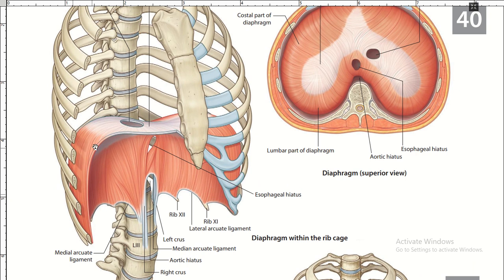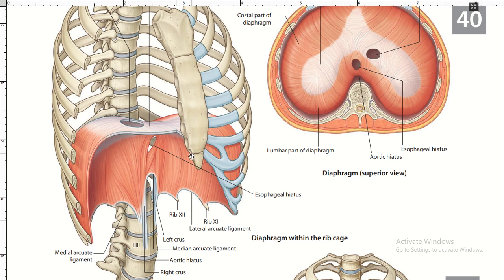So what is the origin of this muscle? The diaphragm covers or closes the inferior thoracic aperture, right? And it's going to have three origins: a vertebral part, a xiphoid process part, and a costal part.